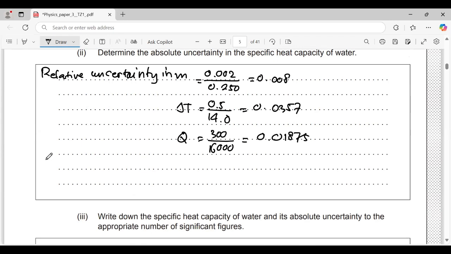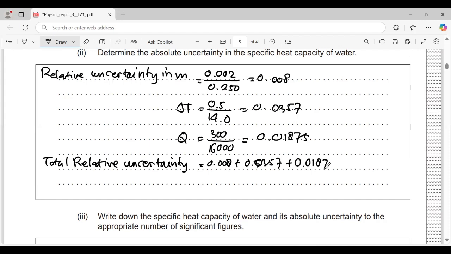So the total relative uncertainty in C equals the accumulation of these results: 0.008 plus 0.0357 plus 0.01875 equals 0.06245.